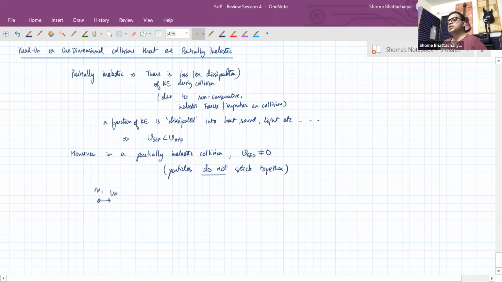Going back to our earlier scheme, if two particles moving like this are making a head-on impact, but such that after the impact, the kinetic energy is dissipated by a certain amount. So you can see that m1u1 plus m2u2 is equal to m1v1 plus m2v2. That is, there is conservation of linear momentum.